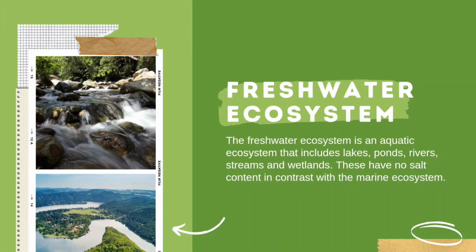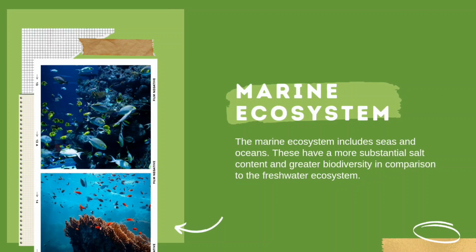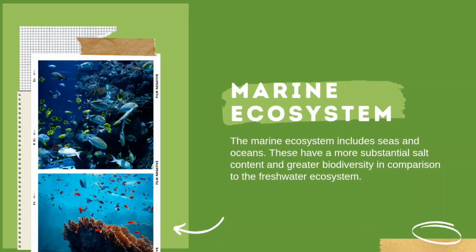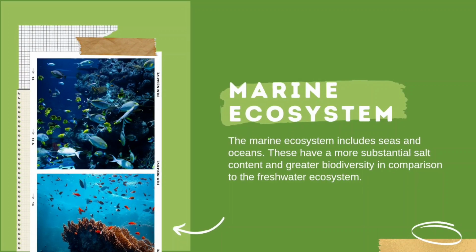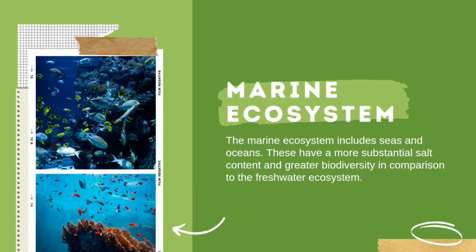These have no salt content, in contrast with the marine ecosystem. The marine ecosystem includes seas and oceans. These have a more substantial salt content and greater biodiversity in comparison to the freshwater ecosystem.